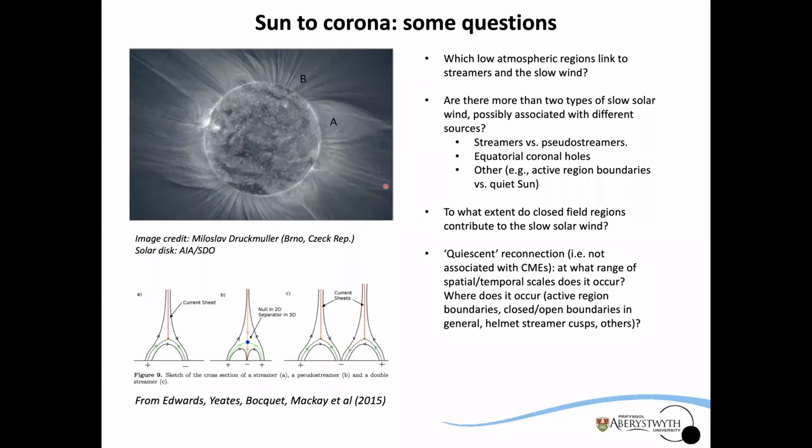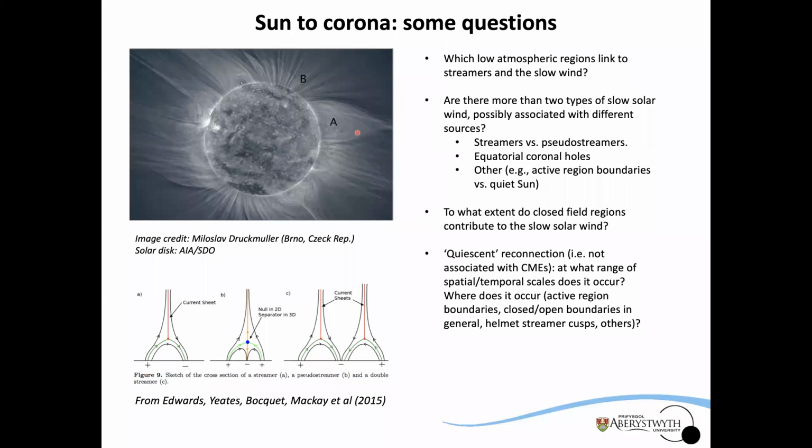Okay, so I'll start off with a couple of slides of some scientific questions which I find particularly relevant. My first question is which low atmospheric regions link to streamers and the slow wind? Or in other words, what are the sources of the slow solar wind?